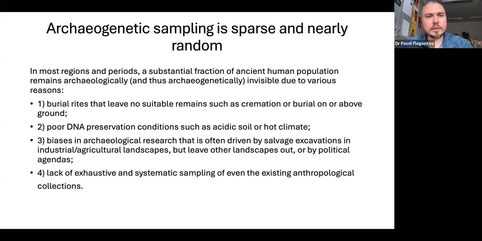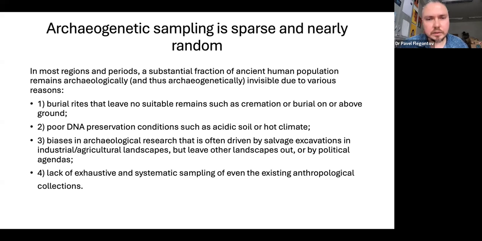First, there may be burial rites that leave no suitable remains, such as cremation or burial on or above ground, and poor DNA preservation conditions such as acidic soil or hot climate also skew our sampling a lot.